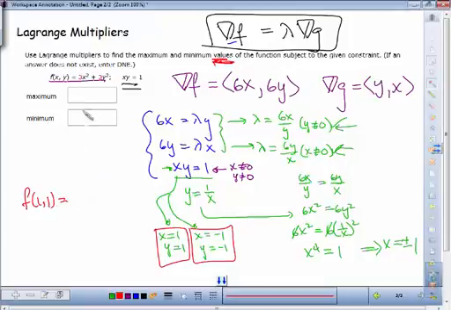So f of (1, 1), what's going to happen there? Well, I'm going to put 1 in for x, 1 in for y, into my original function, 3x squared plus 3y squared, and I get 6. And then if I put negative 1 in here, I'm going to get 6 also.